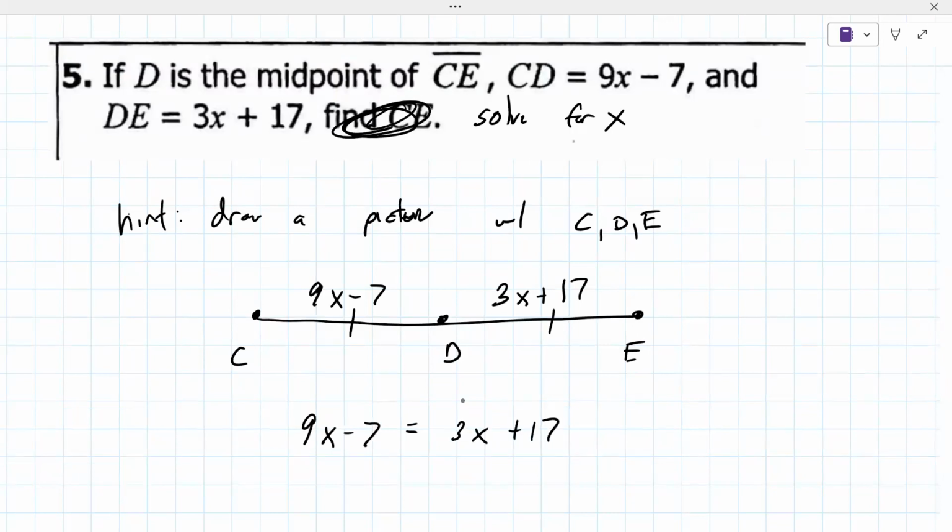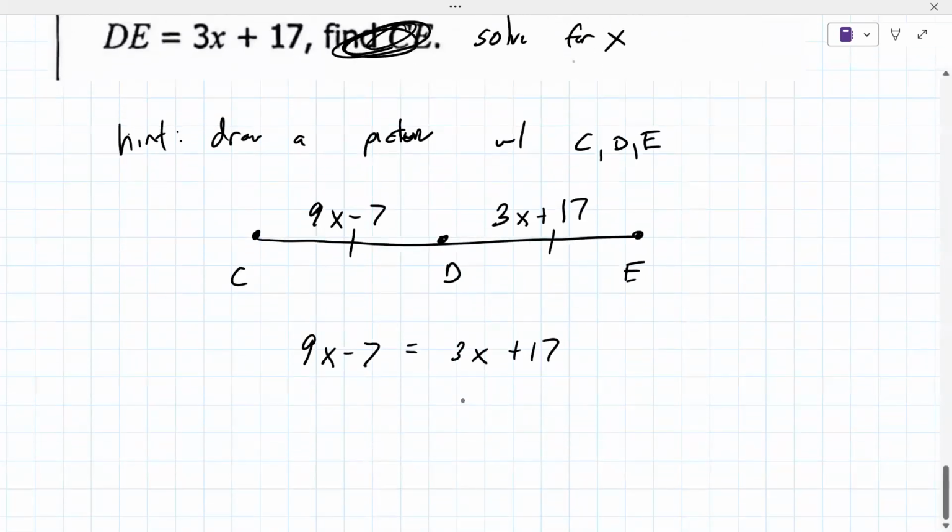Now, could you try solving this for X, please? Is it 4? It is, x equals 4. Good.